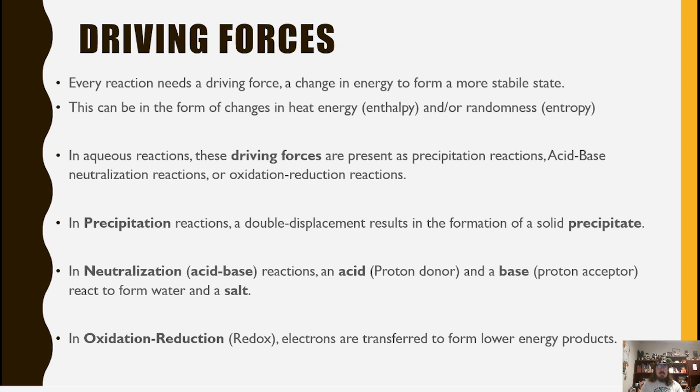An oxidation reduction reaction, or redox, electrons are transferred. Remember how we talked about that atoms will want to lose electrons to become like a noble gas and gain electrons to become like a noble gas?